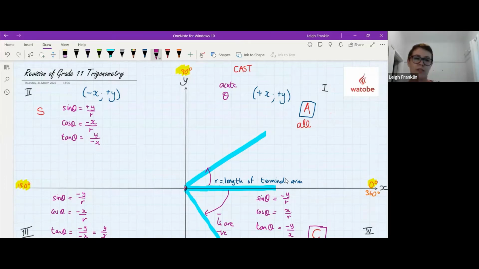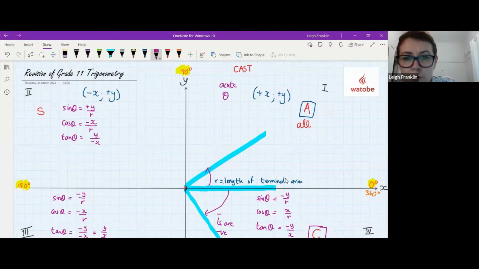So what we are doing is we're taking angles that are obtuse or reflex or bigger than 360 and we are writing them in terms of an acute angle. So when an angle is acute, there is no need to reduce because it's already reduced, all right? But we may need to use reduction formulae.